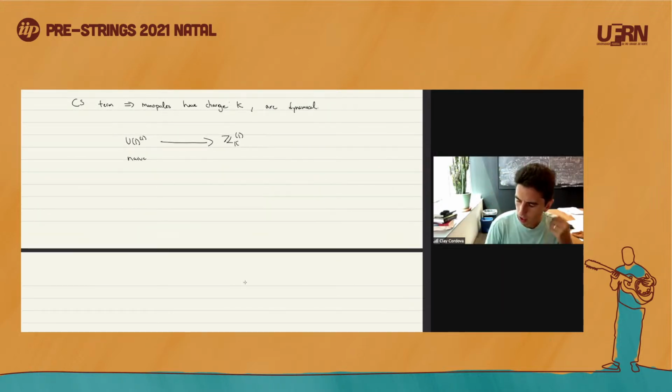And okay, we could try to couple to a background field. How will we do that? Well, we'll take the action to be as before.